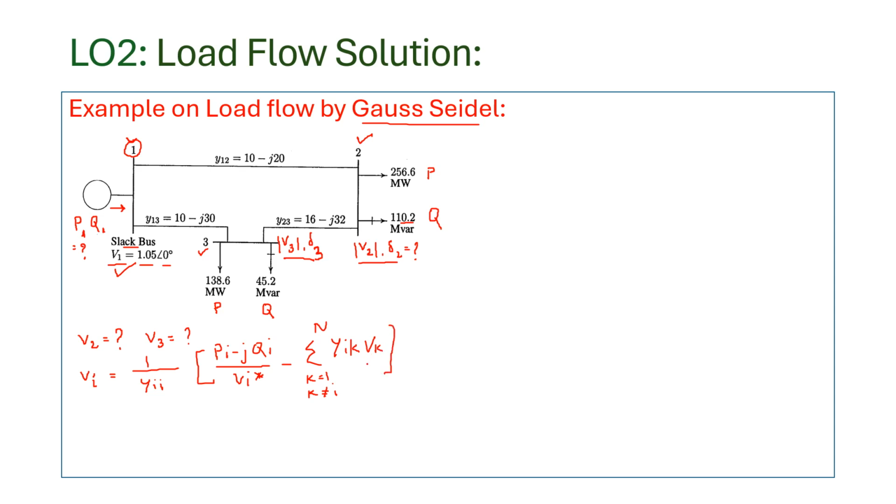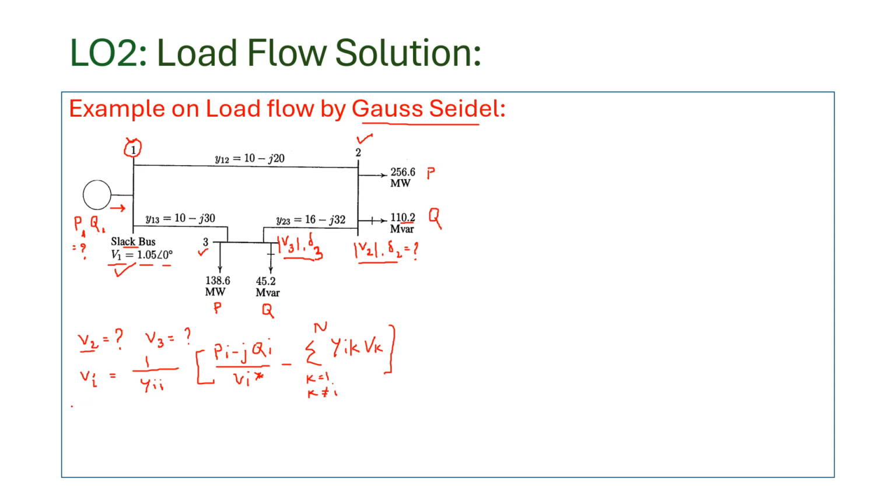This is the voltage equation that we derived for the power flow equation. This is in general for the ith bus, but now I will convert it to V2.